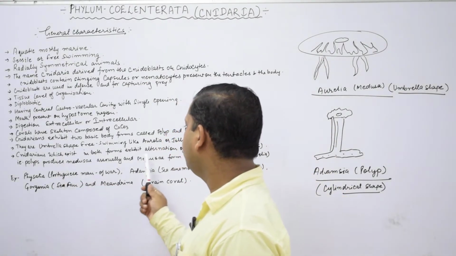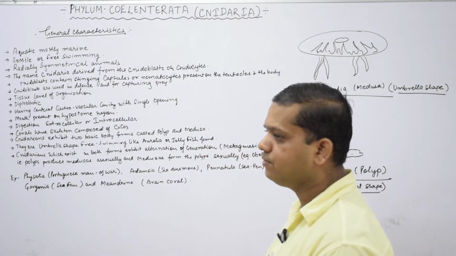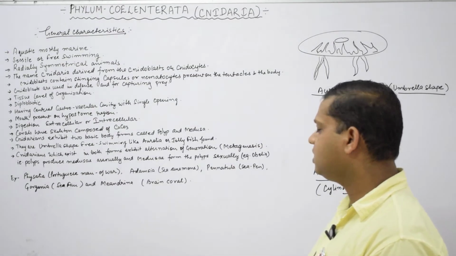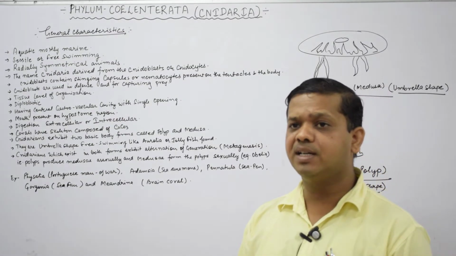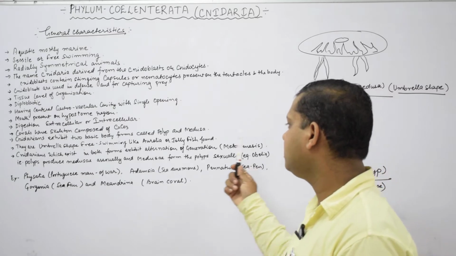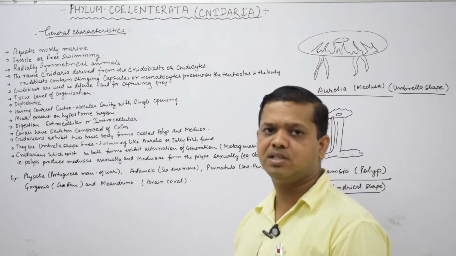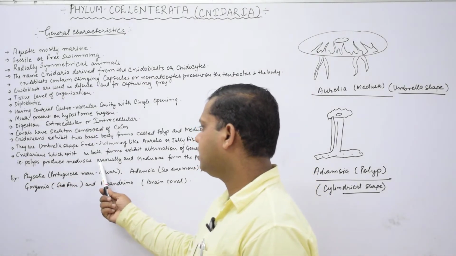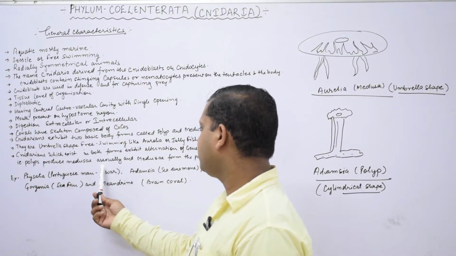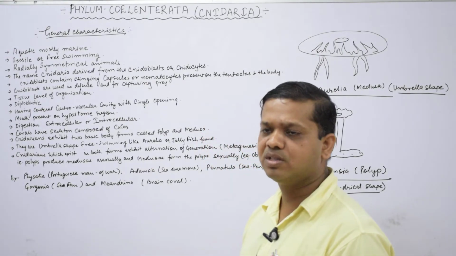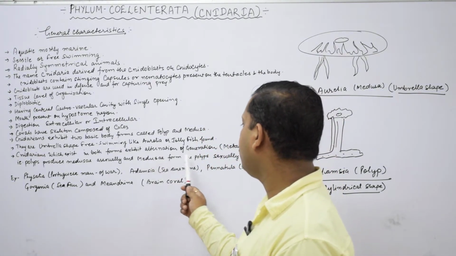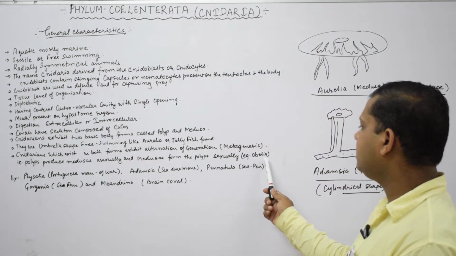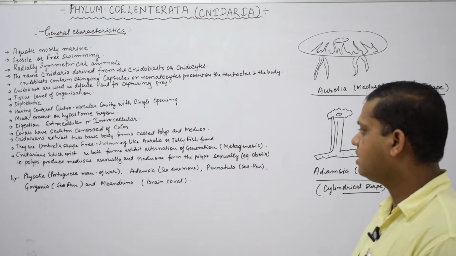Cnidarians which exist in both forms exhibit alternation of generation, also known as metagenesis. Metagenesis means alternation of generation, which is seen in cnidarians. That is, the polyp produces the medusa asexually, by asexual cell division, and the medusa forms the polyp sexually, for example Obelia.